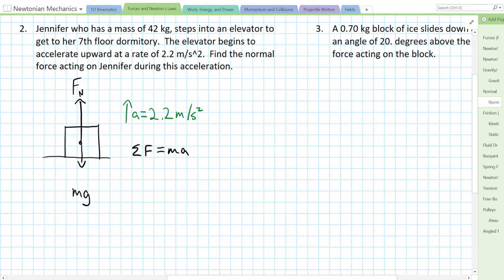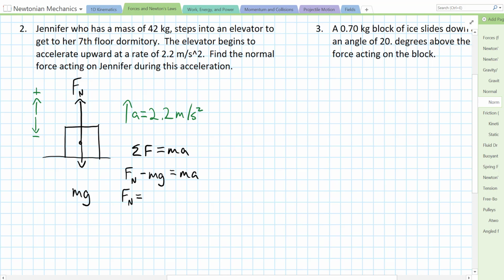We choose the direction of the acceleration to be positive, so we're going to say up is positive in this case, down is negative. And my positive force is normal force minus mg, force of gravity, equals ma. Now, this is the same as the previous problem, so when we solve it, we'll get the same as the previous problem.